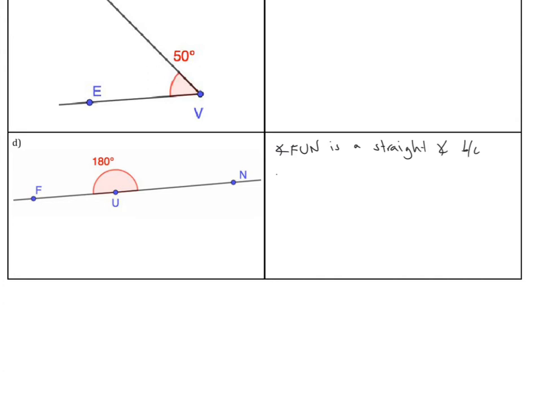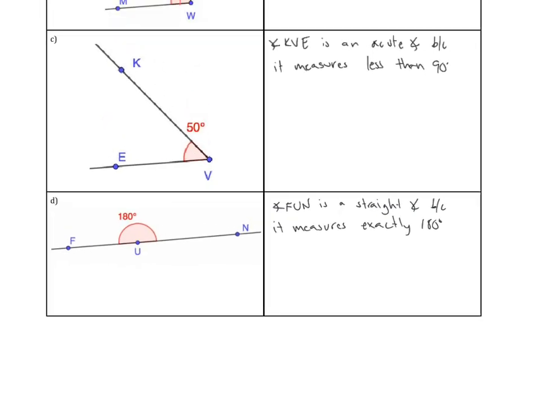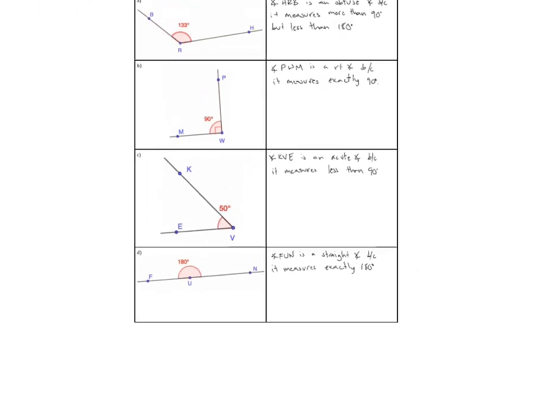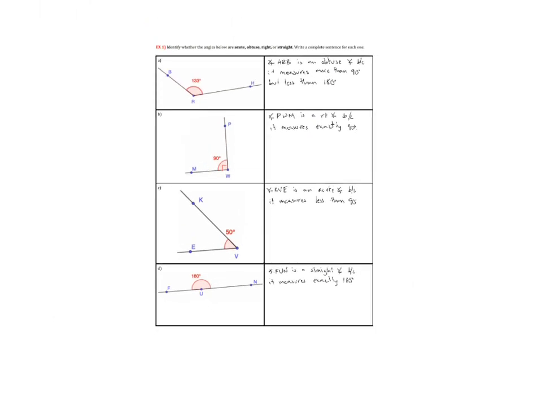Again, because it measures exactly 180 degrees. So now that we were able to identify all of these angles, now we can start doing a little bit of algebra and a little bit of solving using these angles.